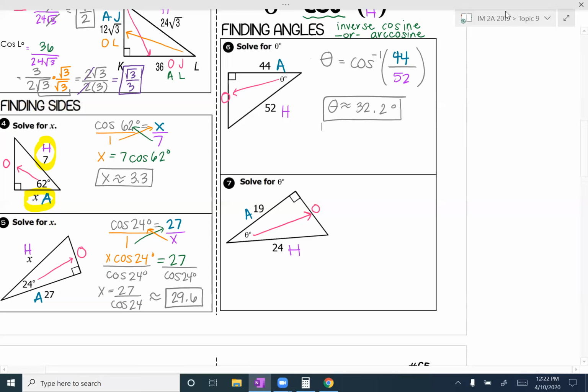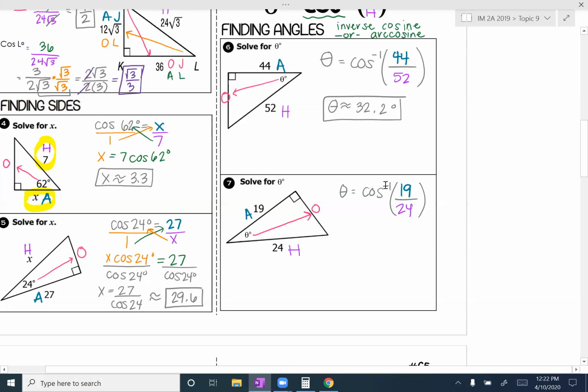Okay, so then for the last one with cosine, what we're going to look at is the same type of problem. So we want to find theta. Theta is equal to the arc or inverse cosine of the ratio of the adjacent side over the hypotenuse. The adjacent side for this triangle is 19. The hypotenuse of this triangle is 24.